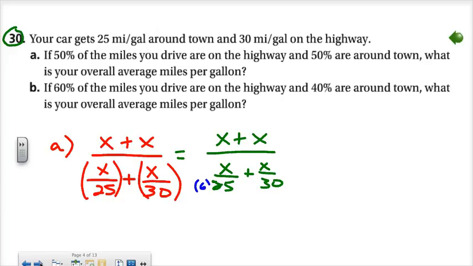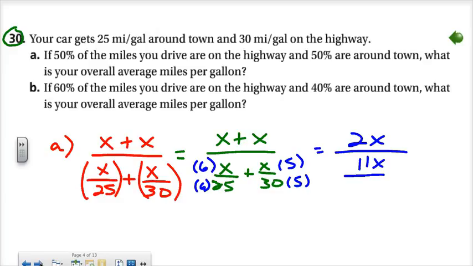So this first fraction will need to be multiplied by 6 on the top and the bottom, and the second one will need to be multiplied by 5. So our numerator is just going to be 2x. But on the bottom now, we'll have 6x plus 5x, which is 11x, over a common denominator of 150.